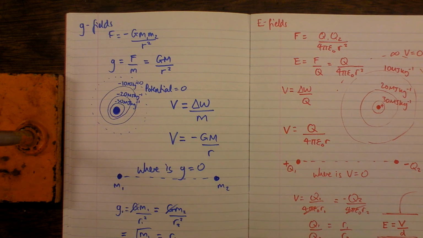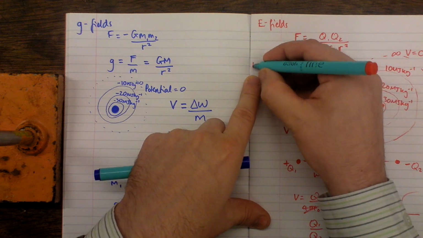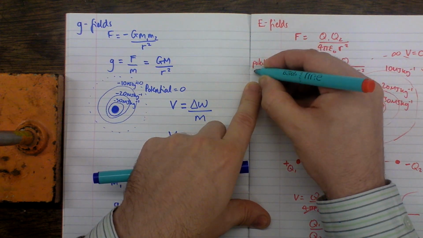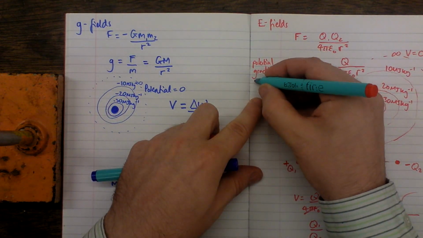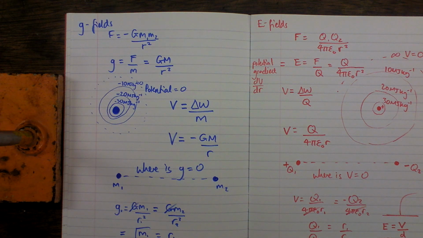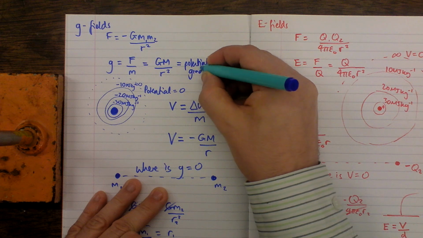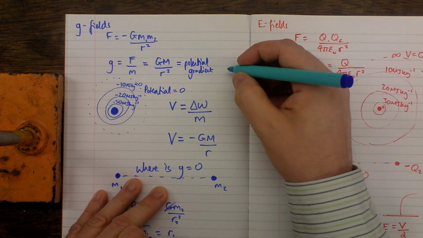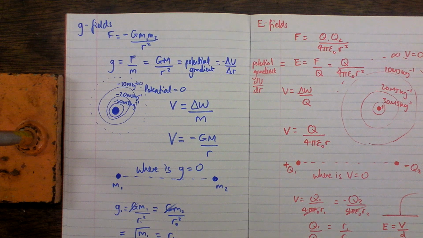If this is volts per meter and this was measured in volts, then I have another equation for field strength, and my other equation for field strength is that it is equal to the potential gradient, the rate of change of potential with distance, or if you like, dV by dr. Over here, that becomes important as well, that this can also be equal to a gravitational potential gradient, which is a change in potential over a change in R.